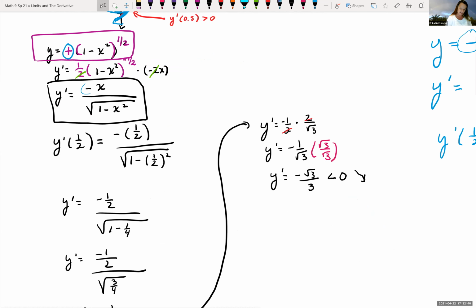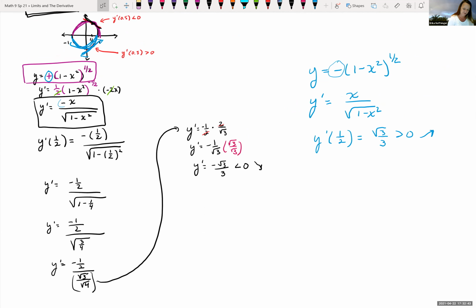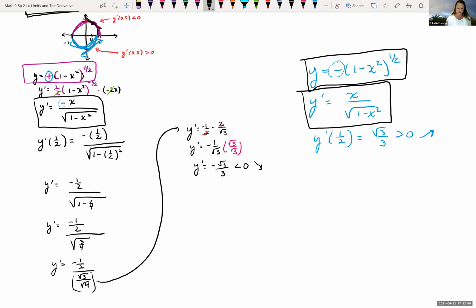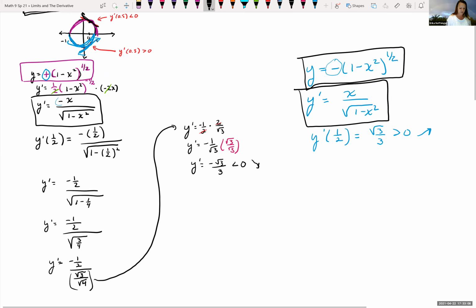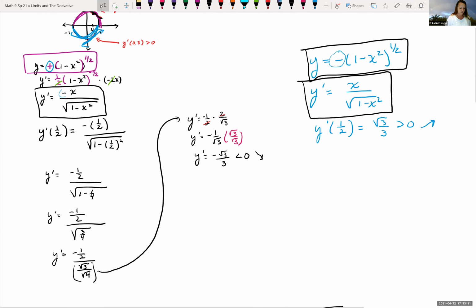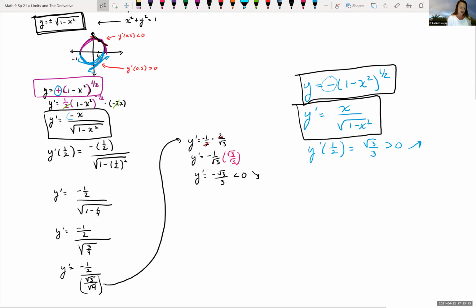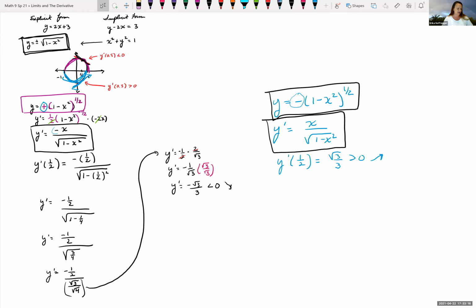And because we had to retake it again when there was positive in front, we got this one. So it's exactly what we got using implicit differentiation. And then we could go and plug in, but it would be the same thing, same equation. If we plugged in positive 1/2, we would have gotten negative root 3 over 3 and positive root 3 over 3. So that is the idea behind using implicit differentiation.